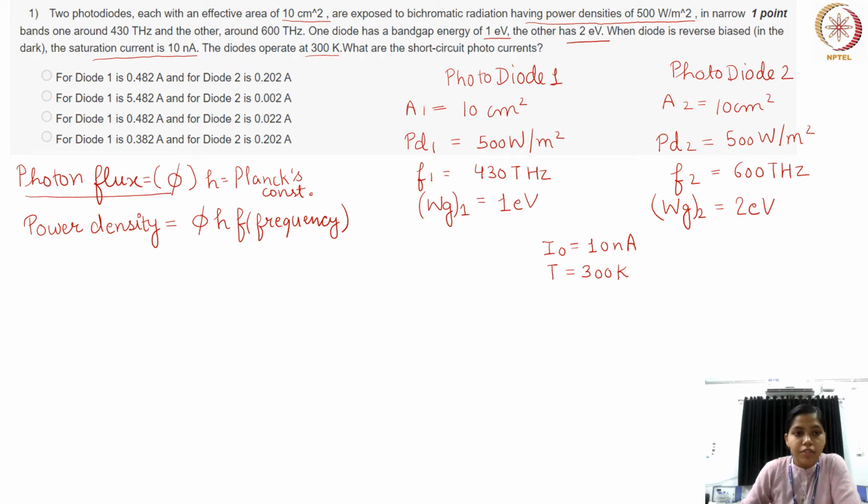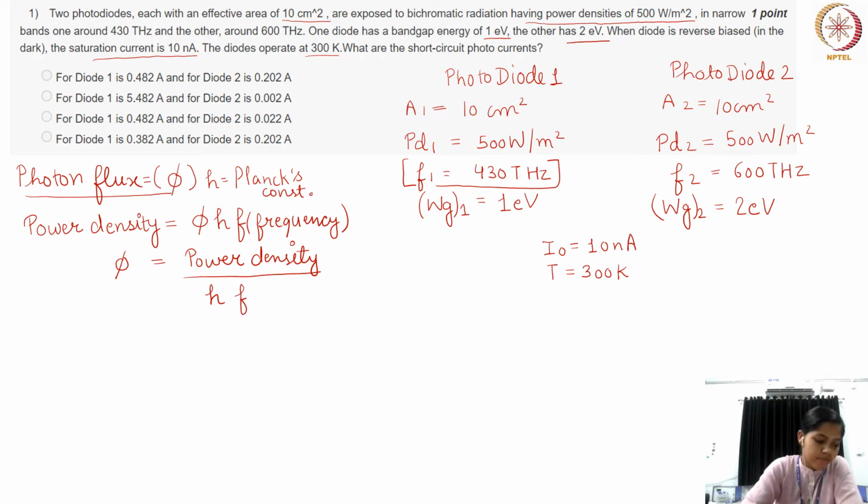For the first photodiode, the frequency value is 430 terahertz. From here we can derive an expression for the photon flux, that will be power density divided by h, the Planck's constant, and frequency f. So for the first photodiode, when the frequency is 430 terahertz, let's call it phi1.